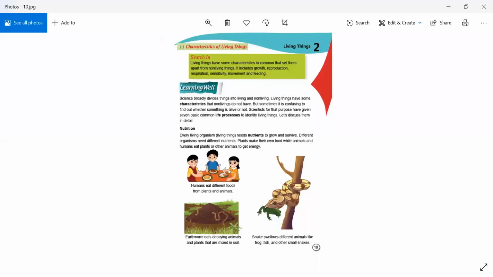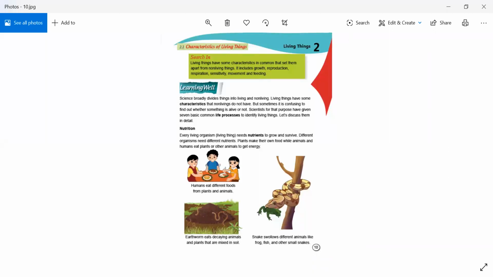nutrition. Every living organism, we can call living things as well, needs nutrients to grow and survive. Different organisms need different nutrients. Plants make their own food while animals and humans eat plants or other animals to get energy.